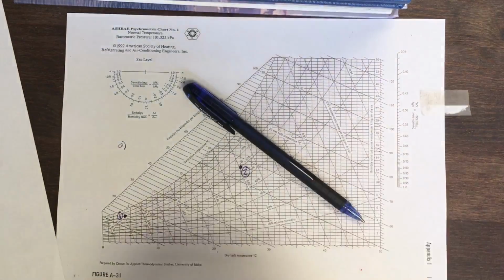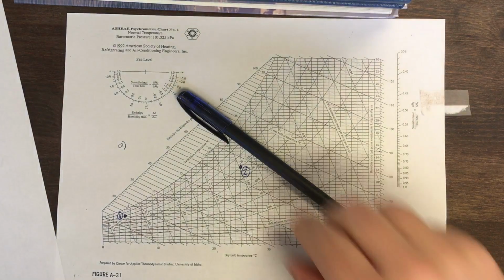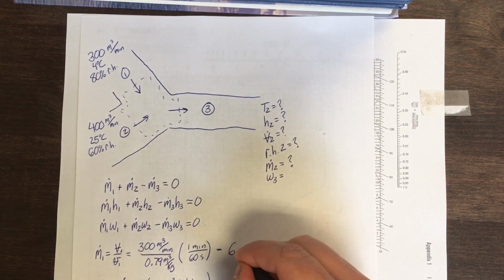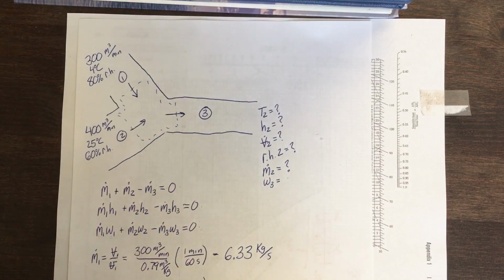All right, let's get these. 300 over 0.79 divided by 60. We've got 6.33 from here. 400 over 0.861 divided by 60 gives 7.74.